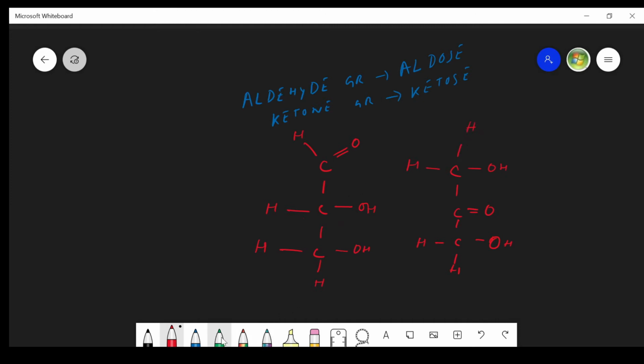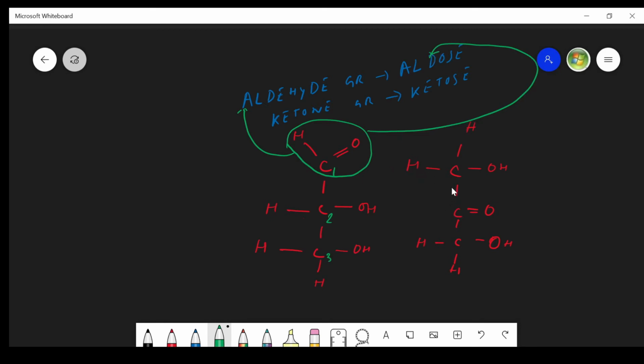Now here you can see that in C1 position the aldehyde group is present, so this sugar is known as aldose.